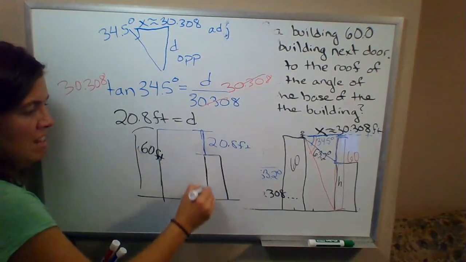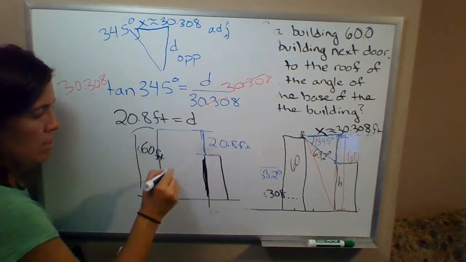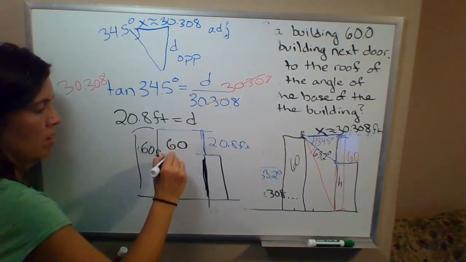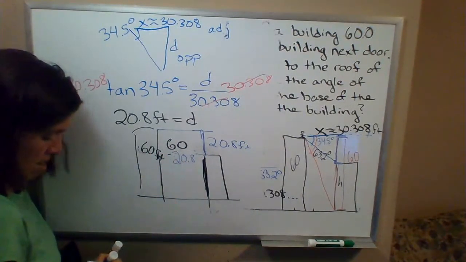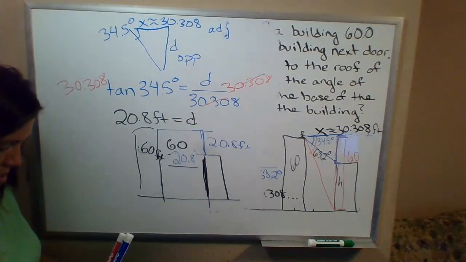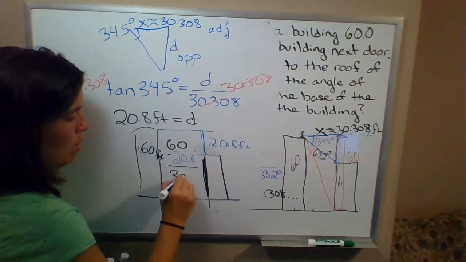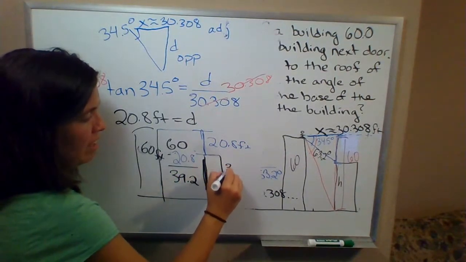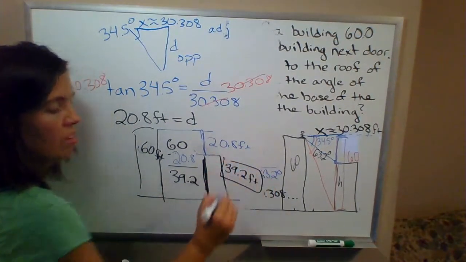So to find this height right here, we can do 60 minus the 20.8, which gives us 39.2. So this building is about 39.2 feet tall, this shorter building.